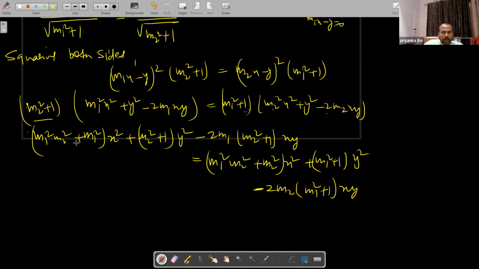Now you can see one thing. Here, m1 square m2 square x square, this part and this part will be cancelled. And here, 1 and 1 will be cancelled from both the sides.